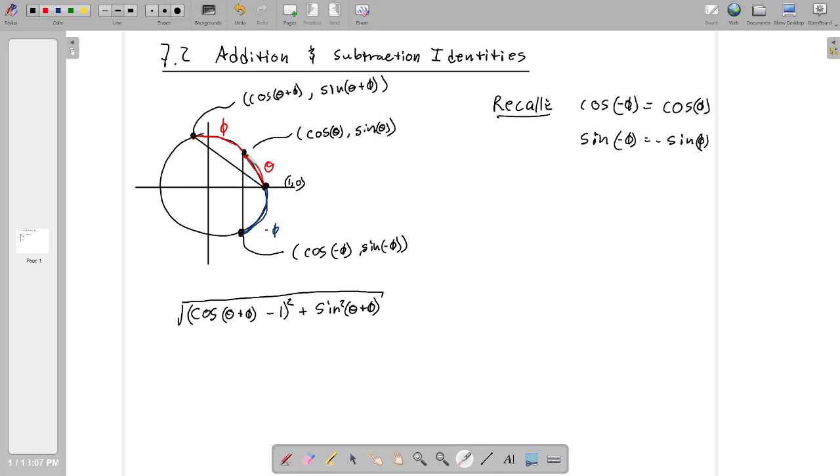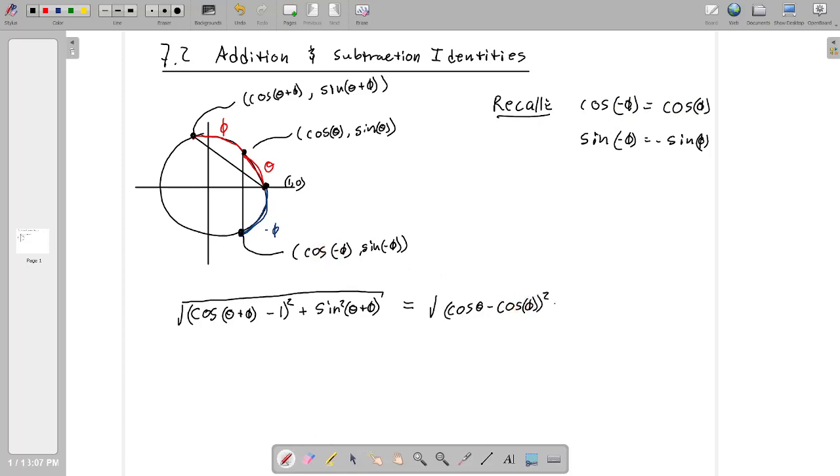Now again, it's the same as the length of this line. So this is going to be equal to the length of this line. We just need to find the distance formula between these two points to get the length of this line. So again, x minus x, y minus y. We do cosine of theta minus cosine of phi, remembering that cosine of negative phi is the same as cosine of phi. So I'm just replacing cosine of negative phi with cosine of positive phi.